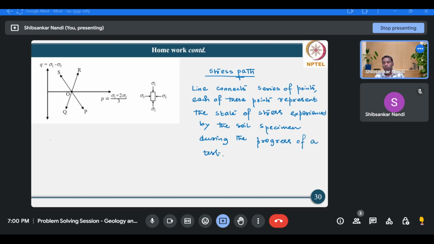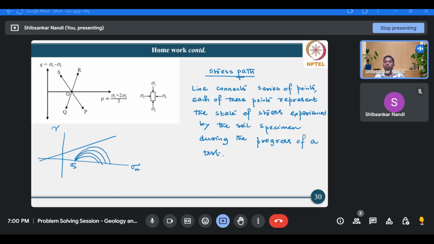Now if we try to have a visual inspection, suppose this is your tau, this is your sigma n. This is the envelope. As per the triaxial condition, your sigma 3 remains constant and you are increasing the sigma 1 value in this fashion.